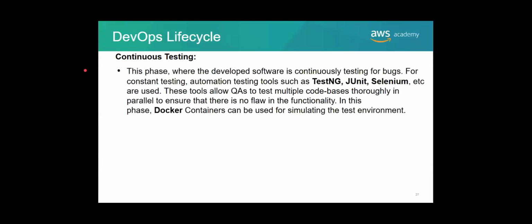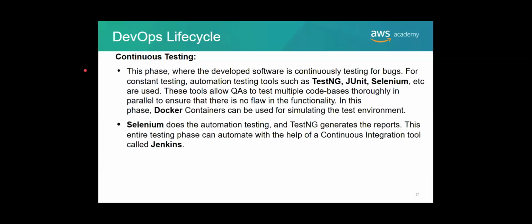In this testing phase, Docker containers can also be used for simulating the test environment. Selenium is one of the automation testing tools, and TestNG generates the reports as well.